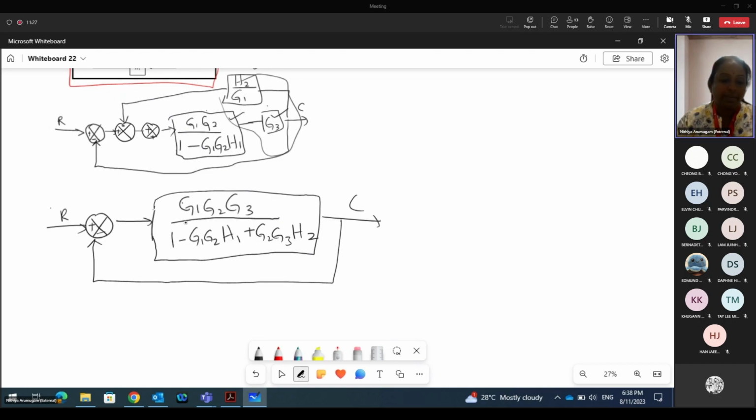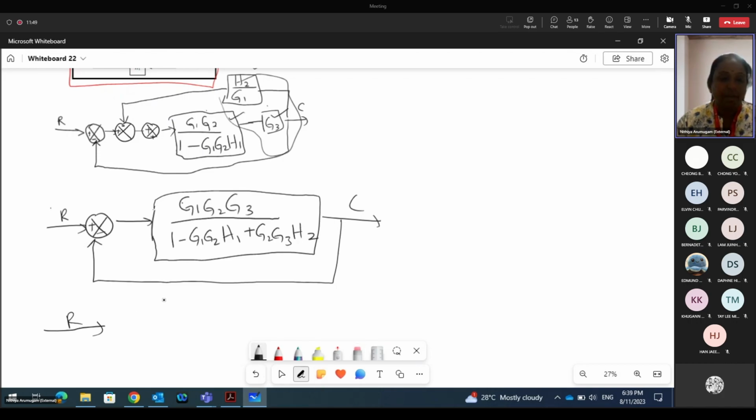Okay, elimination of the feedback loop will result as R plus minus. By eliminating the feedback loop, I'm going to eliminate the summing point as well. So the summing point also will be eliminated.